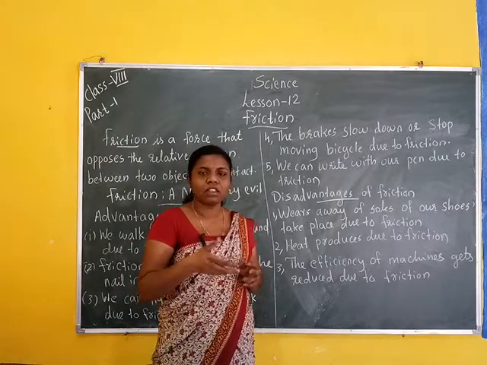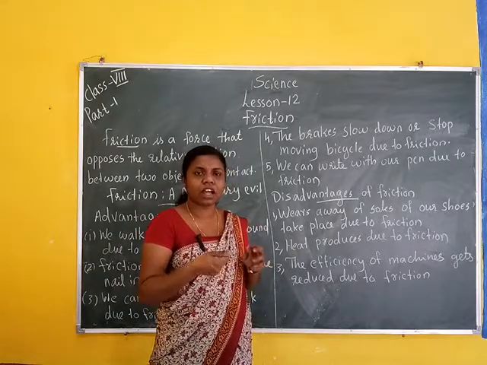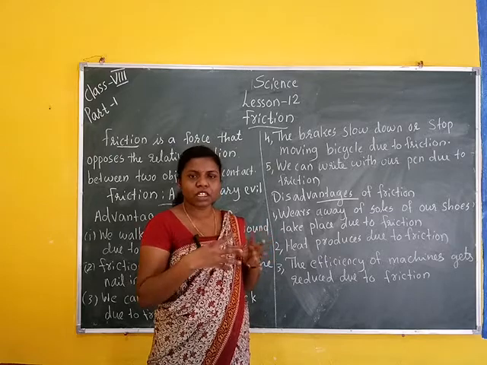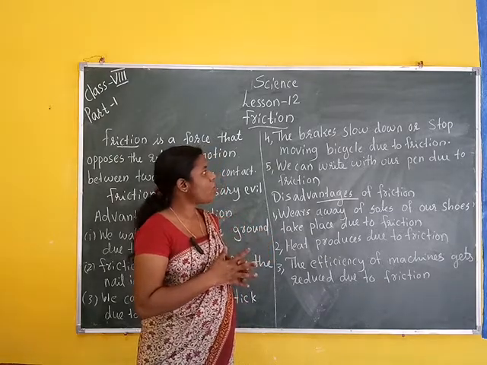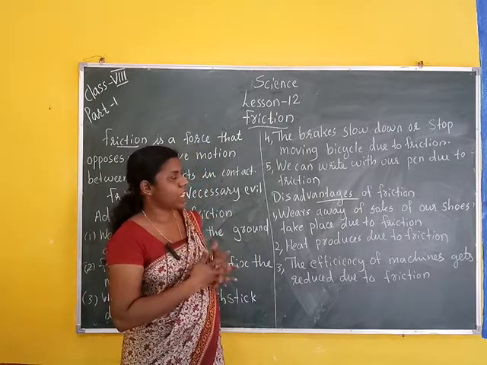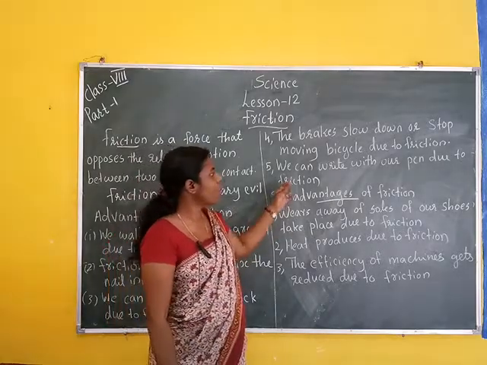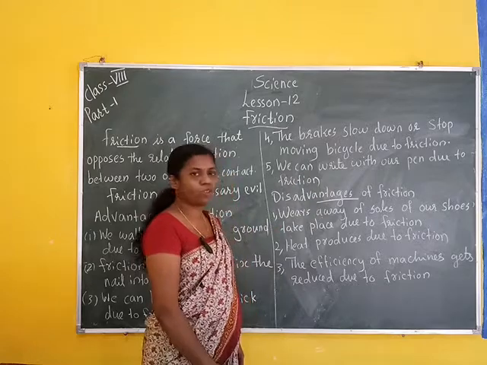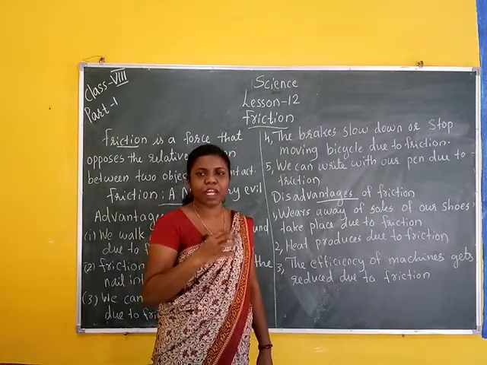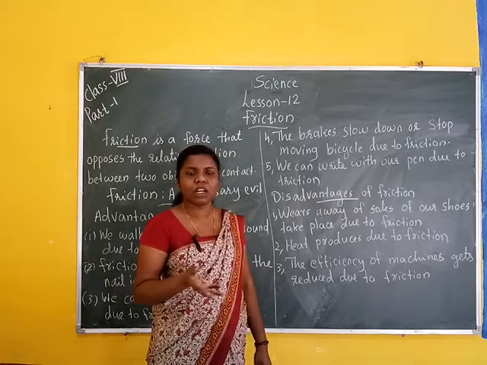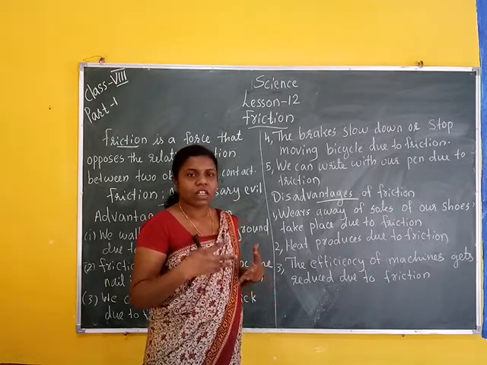That means the brake pads and the rim of the bicycle produce friction. We can also write with our pen due to friction. A very good example is writing. If pen and paper had no friction, we could not write clearly.